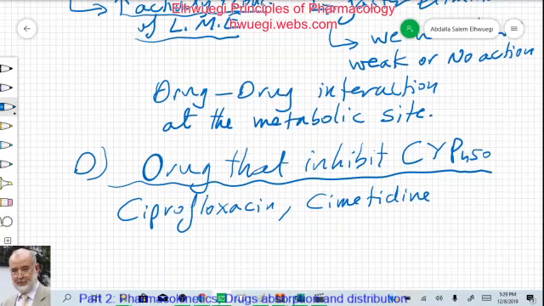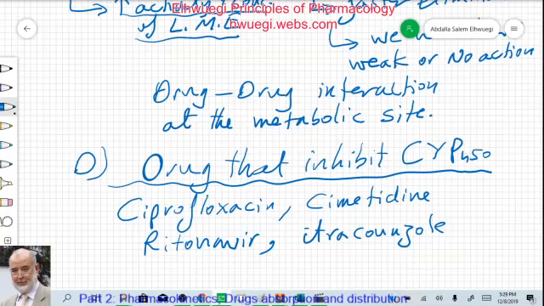Also there are protease inhibitors like ritonavir. Ritonavir is an antiviral protease inhibitor. It inhibits cytochrome P450. There are azole derivatives like itraconazole. Itraconazole is an antifungal, belongs to the azole antifungal drugs.